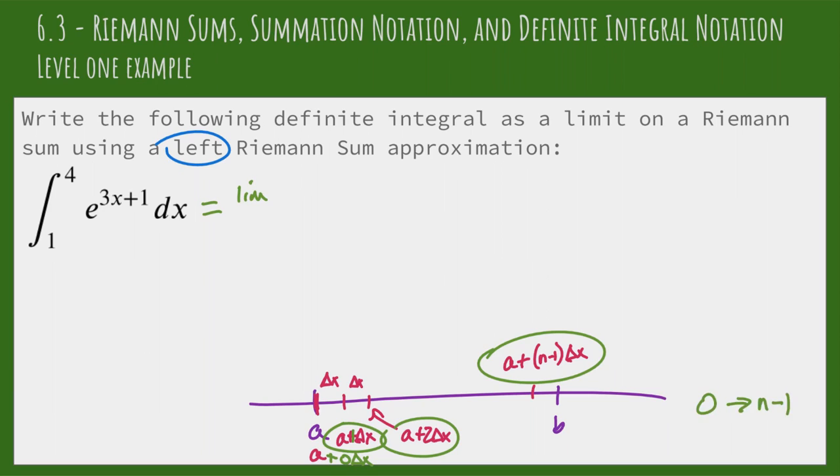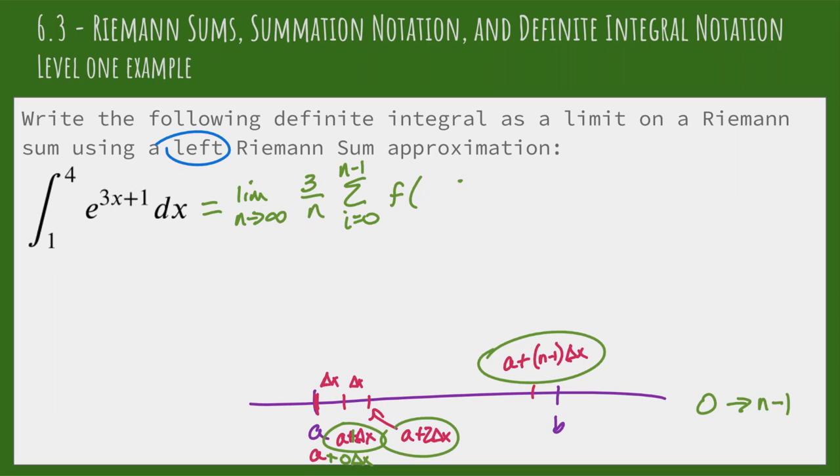Remember, delta x from the last one is going to be the same as this one. So we're going to have 3 over n for delta x times the sum from i equals 1. Sorry, I'm going to make that i equals 0 because I want to start at 0 times delta x. And we're going to go up to n minus 1 instead of n. And then in the function, I'm going to write this real quick, f of a plus i delta x.